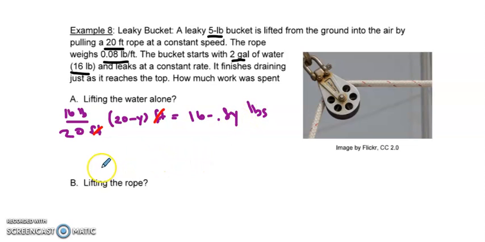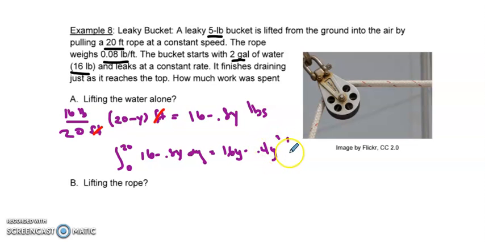Okay, so the way to integrate this is basically to say we're going to integrate from 0 to 20, and we're integrating 16 minus 0.8y dy, and this is going to give us the work required to lift just the water. So I integrate like that, and then I evaluate from 0 to 20.